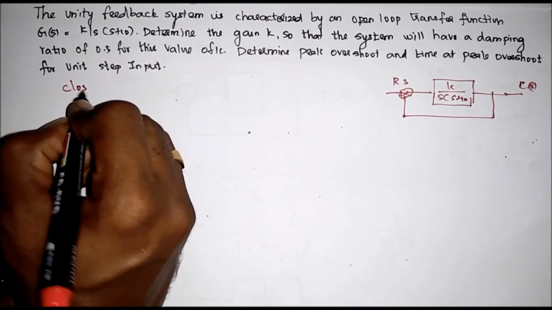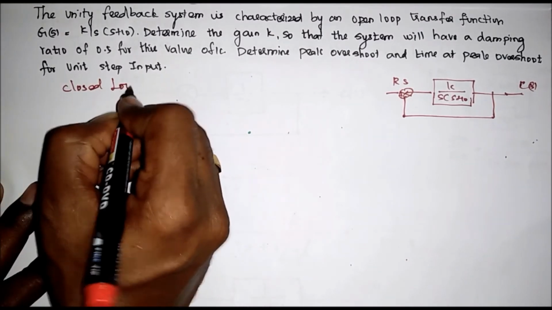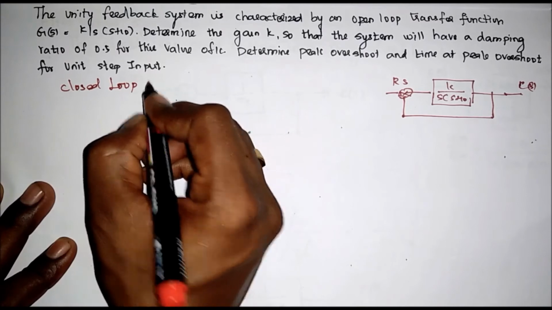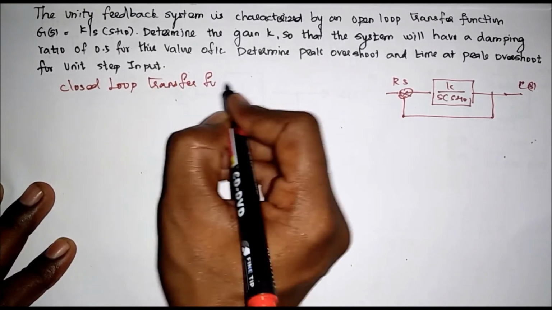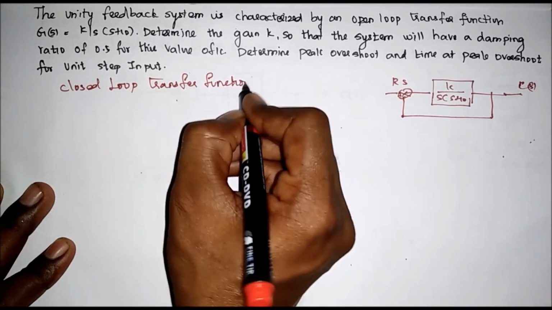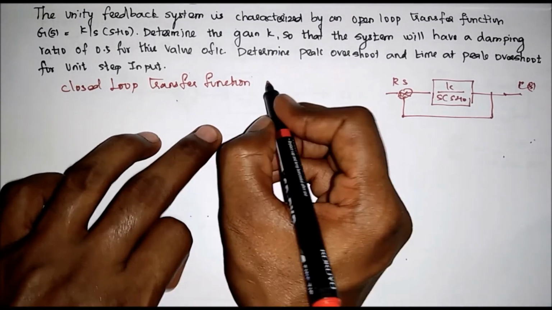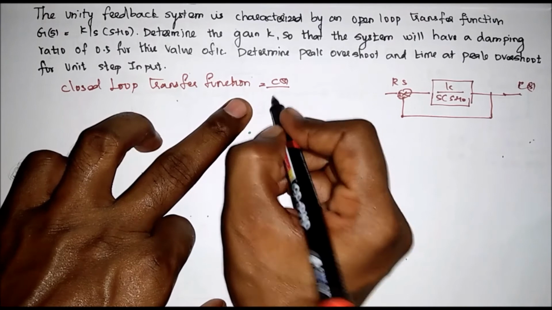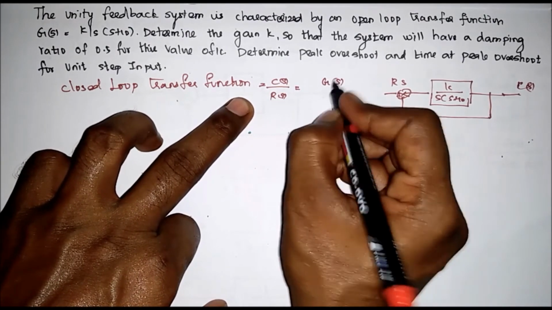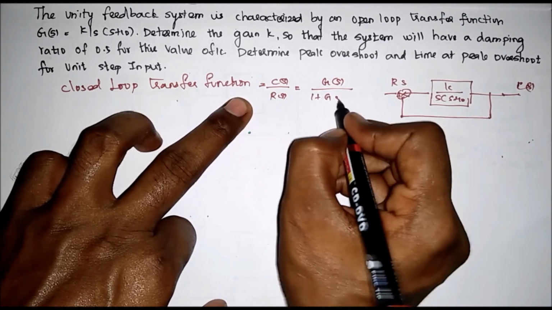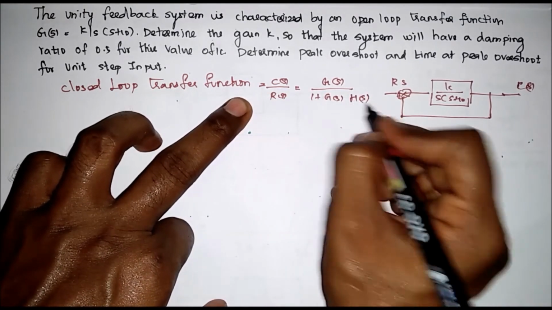The closed loop transfer function C(s) divided by R(s) equals G(s) divided by 1 plus G(s) into H(s).